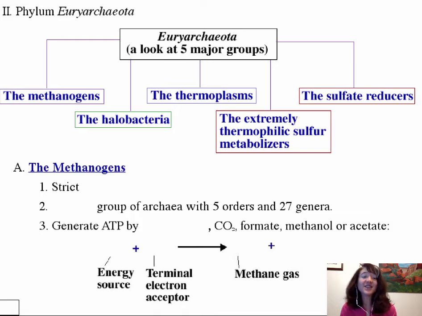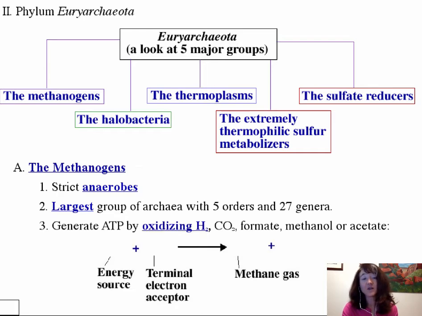Beginning with the methanogens, the largest group, really strictly anaerobic. So they are all going to utilize anaerobic respiration. They tend to chow down on, again, very strange things that we wouldn't particularly care to eat as donuts. They like to oxidize hydrogen gas.